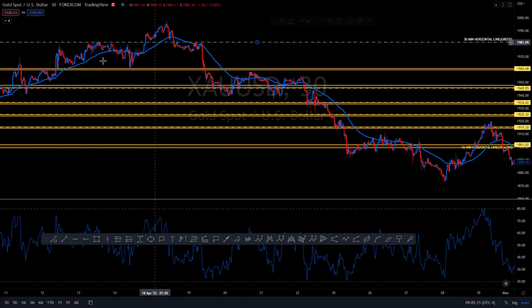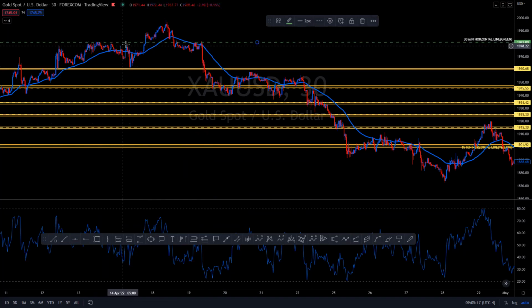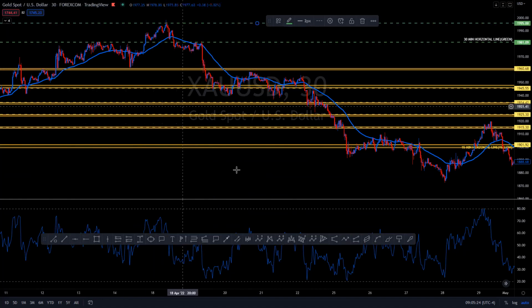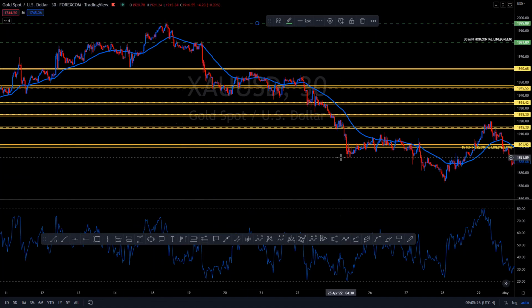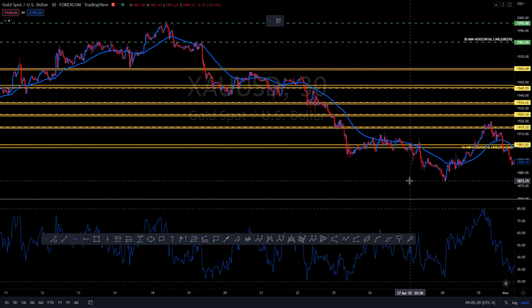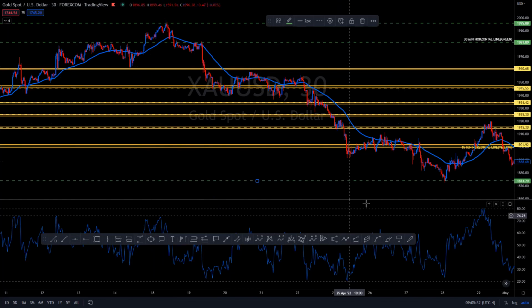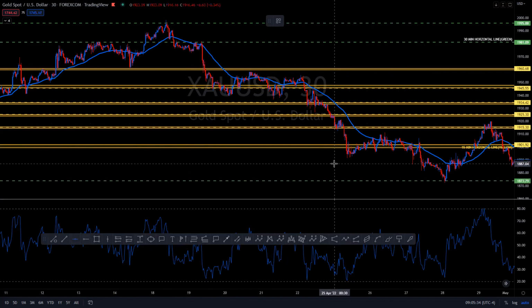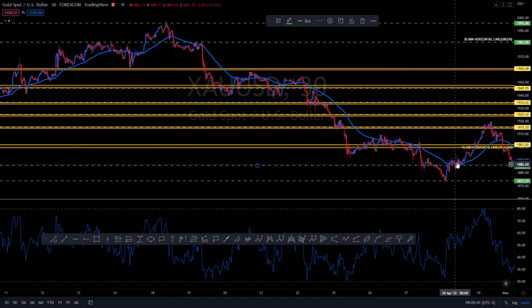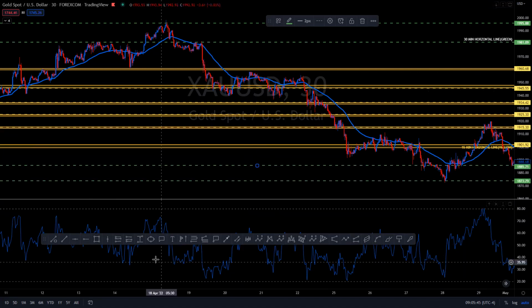Actually, I see a base supply zone here. Same here. We got a single candle supply zone up here. And then when we look down here as well, we see a single candle demand zone here. And then we also see a base demand zone here that made price push up to here.